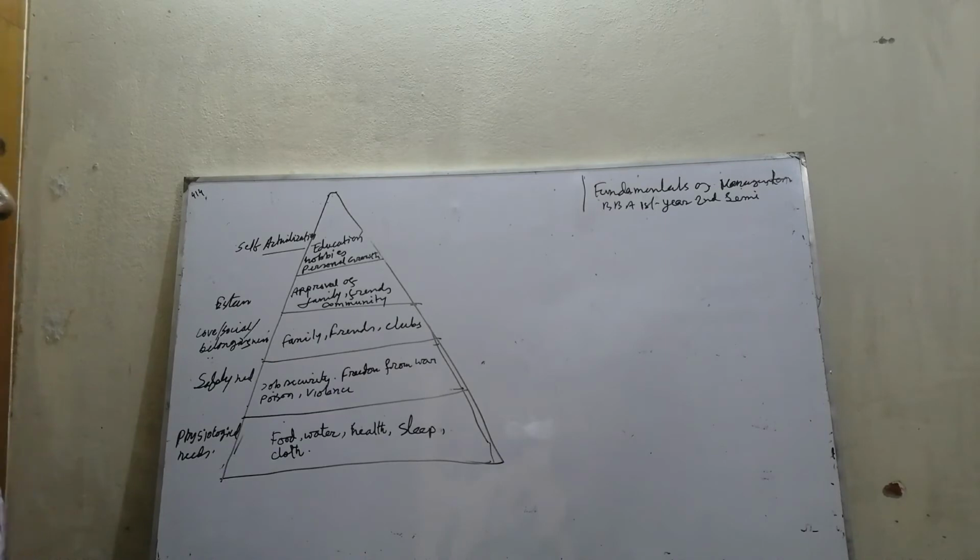And the next stage, love or social belongingness stage or needs. At this stage, a person wants friendship, companionship, association, love, and affection, particularly of those with whom he mingles often.